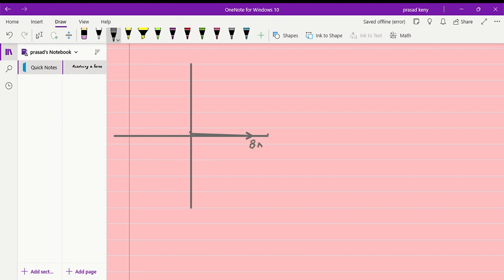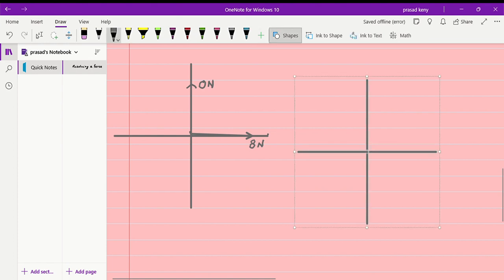Since the force is acting along the x direction, that is in the horizontal direction, along the y direction there won't be any component. That means the vertical component of this force will be 0 Newton. So keep this in mind. If the force is acting horizontally, it will not have any component in the vertical direction.